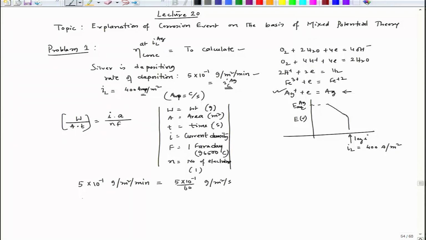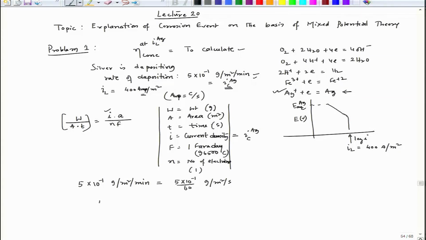So, I can find out this IC corresponding to IC Ag, which is cathodic current density corresponding to the deposition rate of silver.